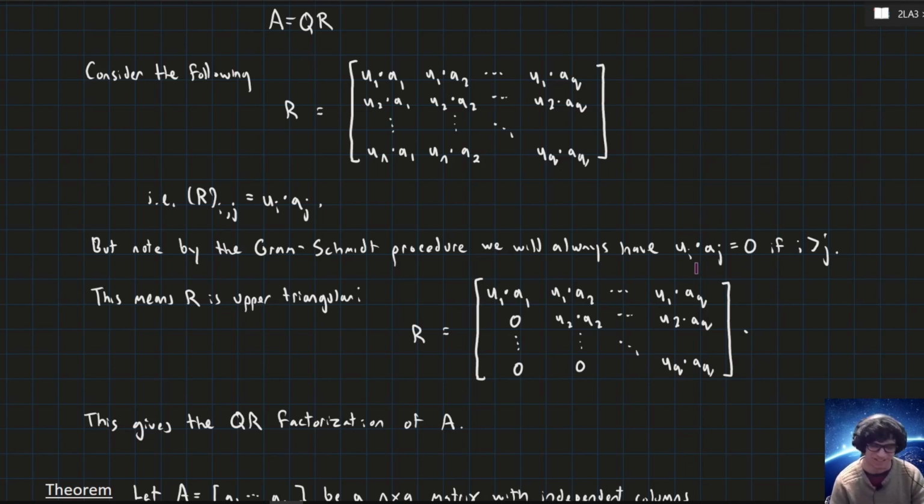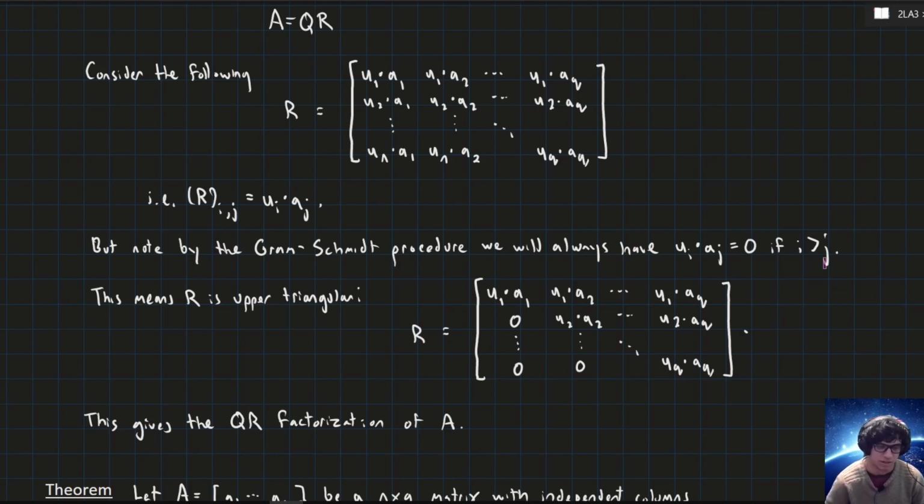And we have two sets of vectors going on here, u_i and a_j. So here's the criteria to check which pairs of u's and a's will be 0. It works out that u_i dot a_j will be zero when i is greater than j.